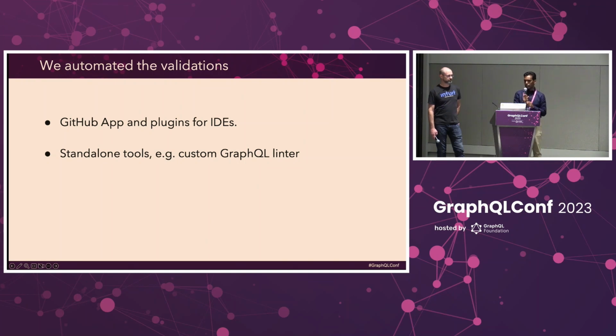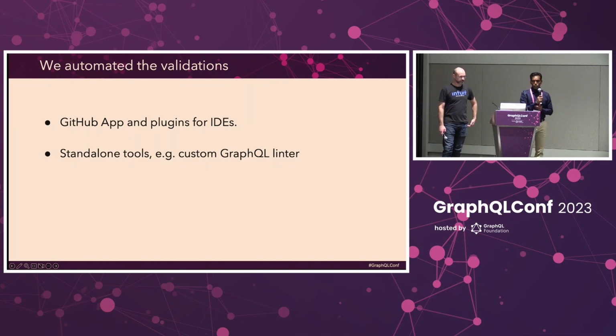We have also invested in converting that into a GitHub app. So when they are submitting a pull request for review, for example, these validations or linter rules are run against those. And before even getting to a peer review, these guidelines are validated for the code changes that they are making in that PR. We also have standalone tools.